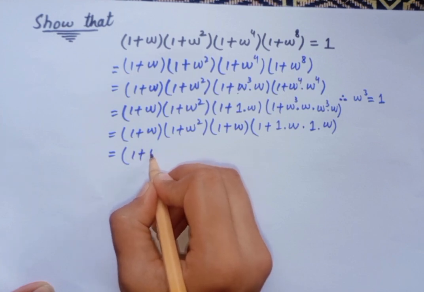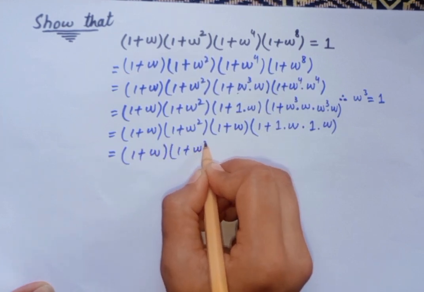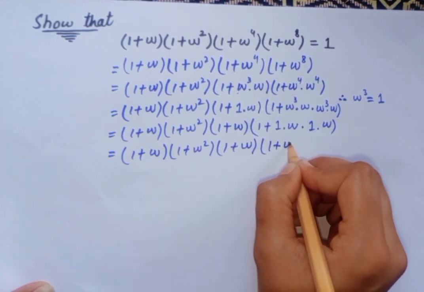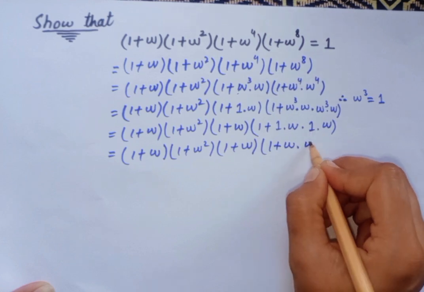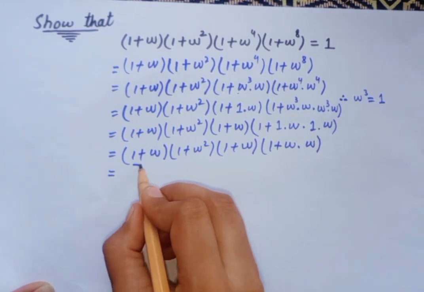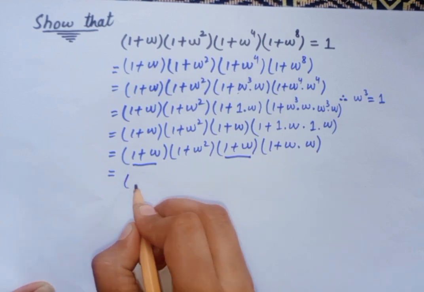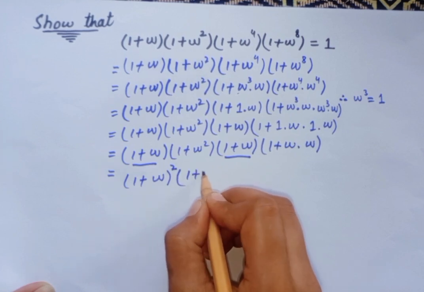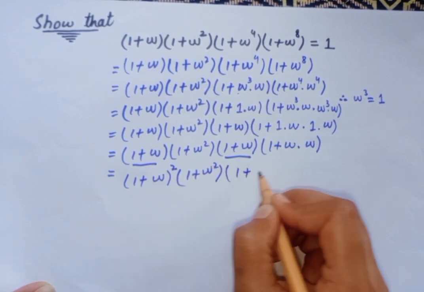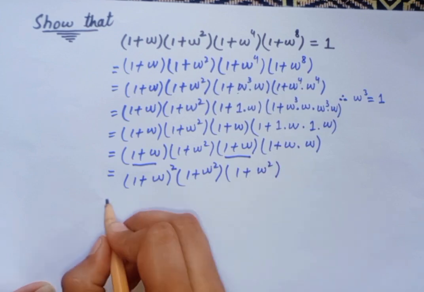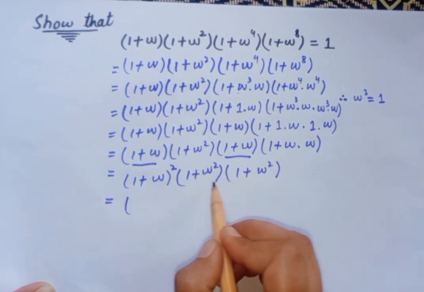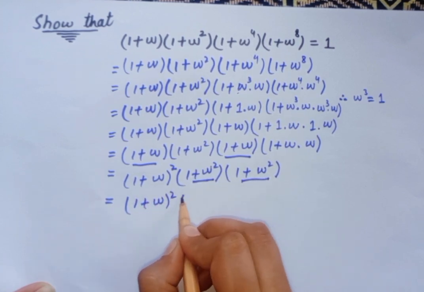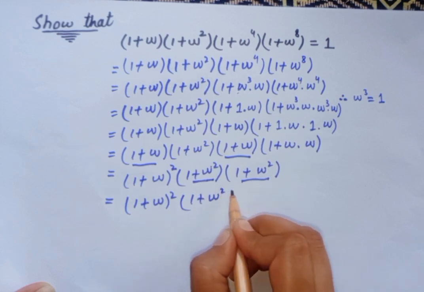(1 + ω)(1 + ω²)(1 + ω). 1 times ω is ω, and ω times 1 is ω. So (1 + ω) and (1 + ω) can be written as (1 + ω) whole square, into (1 + ω²) into (1 + ω²), which can be written as (1 + ω²) whole square.